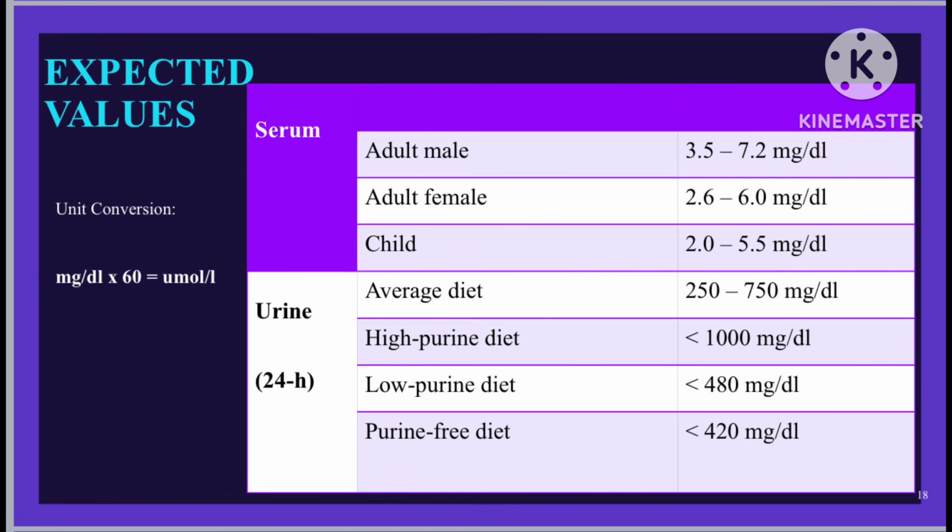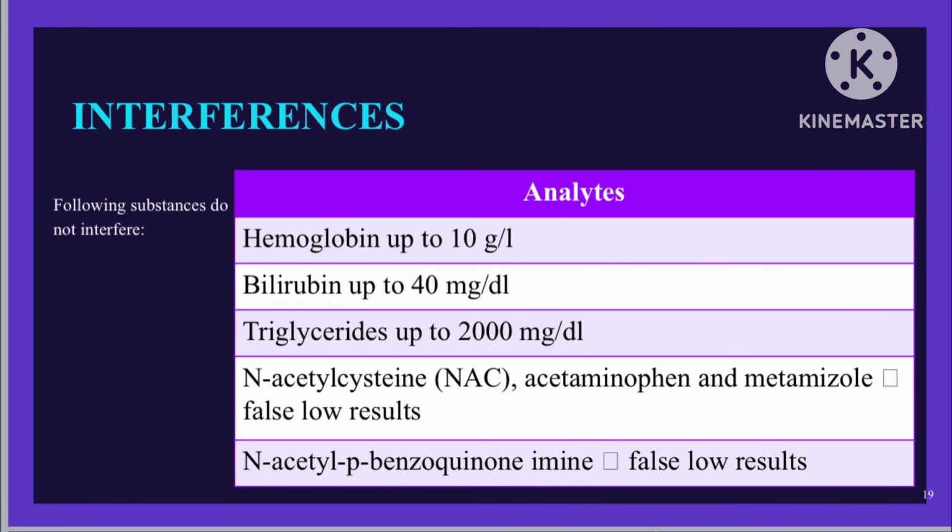In order for us to get the micromoles per liter, or to convert milligrams per deciliter into micromoles per liter, just simply multiply. Also, class, these reagents do not interfere with the following substances: hemoglobin up to 10 grams per liter, bilirubin up to 40 milligrams per deciliter, and triglycerides up to 2,000 milligrams per deciliter.